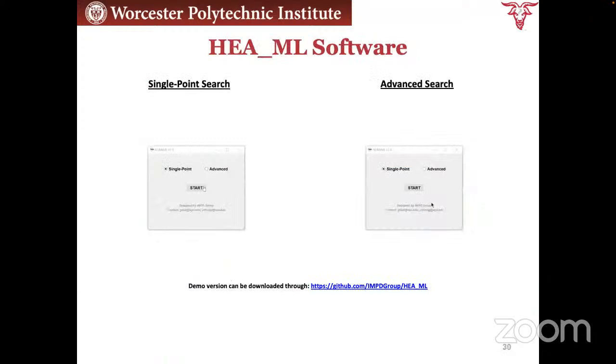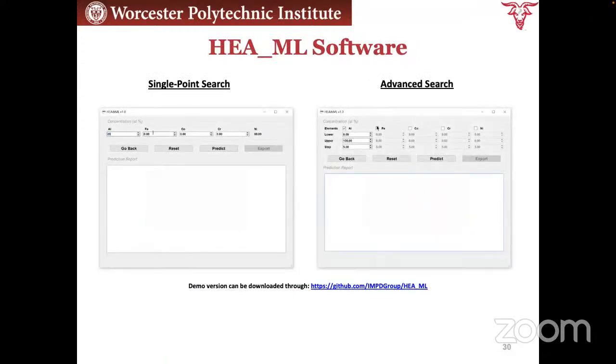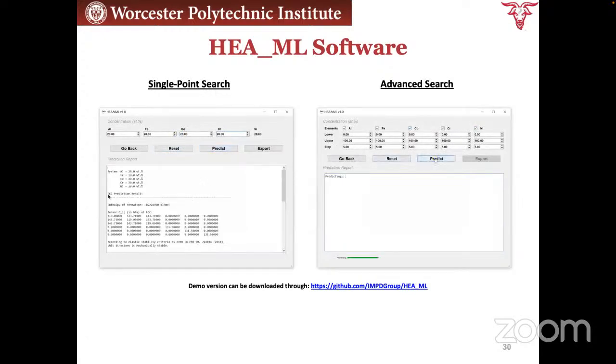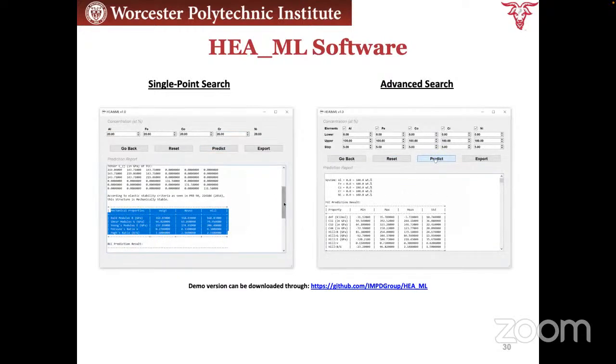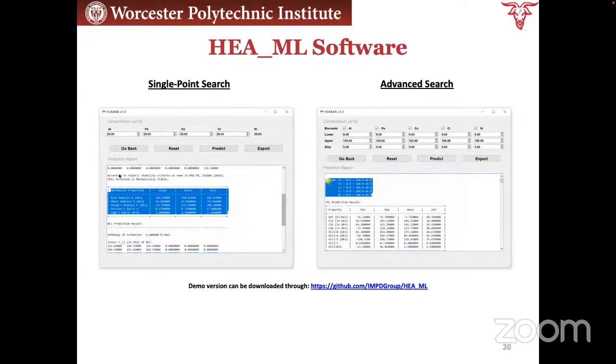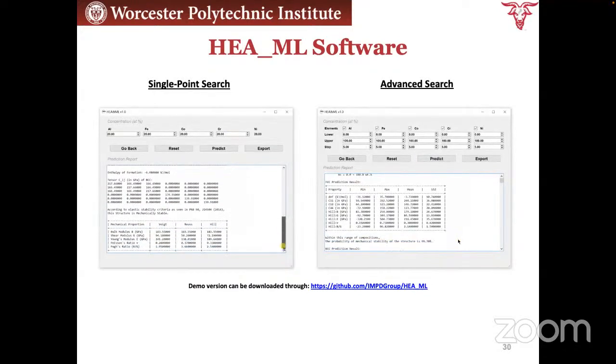This is the software interface, and we have that on GitHub, so you can go ahead and download it. There we have a demo version, so you can do point calculations. For any composition in this 5-element system, we can give you the elastic property, which gives you an idea of the mechanical property.